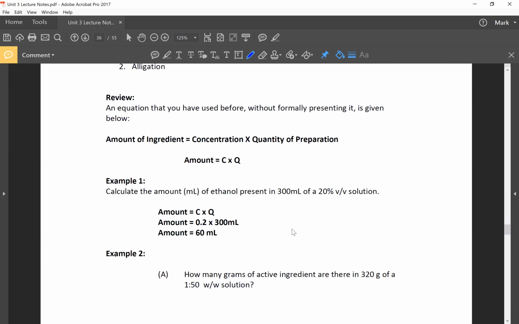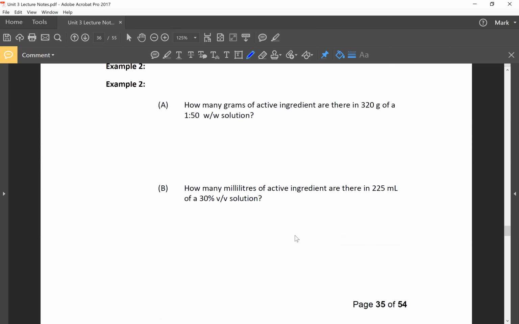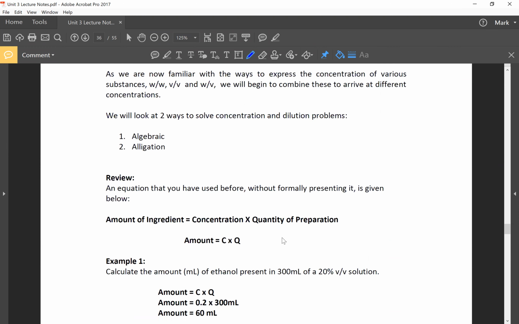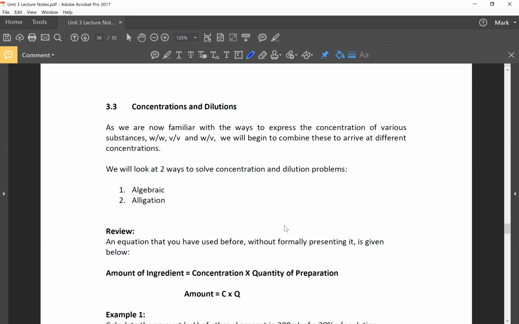Okay, all right. Let's just do one more thing. Maybe we'll just do page 35 here, and that'll probably be enough for today. So, section 3.3, concentrations and dilutions. In section 3.2, we looked at different ways to write concentrations.